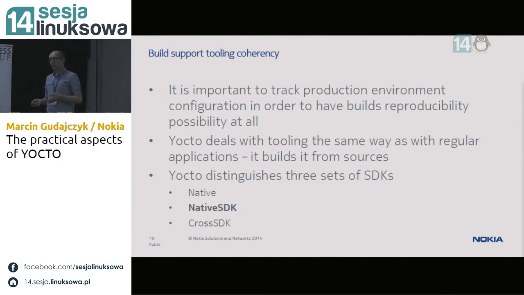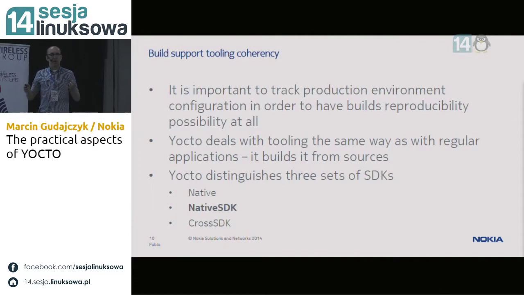Yocto treats the supporting tooling of the examples that I gave you, like Python, tar, and curl, for example, the same as the application. It just builds it from scratch, you see?